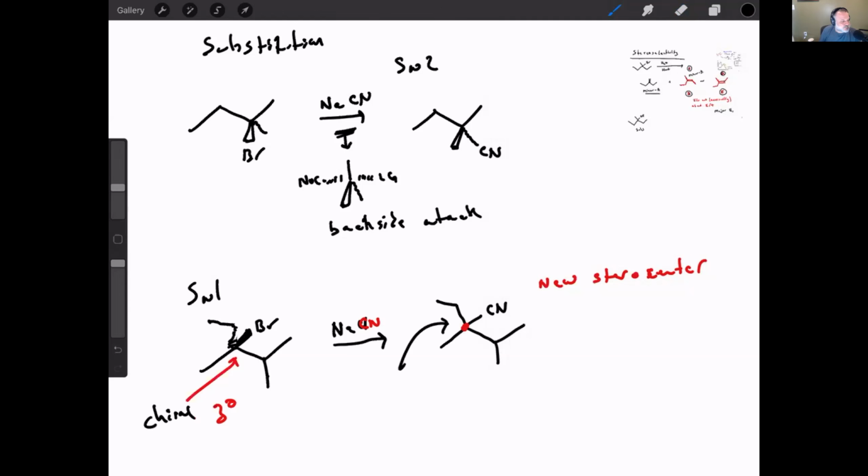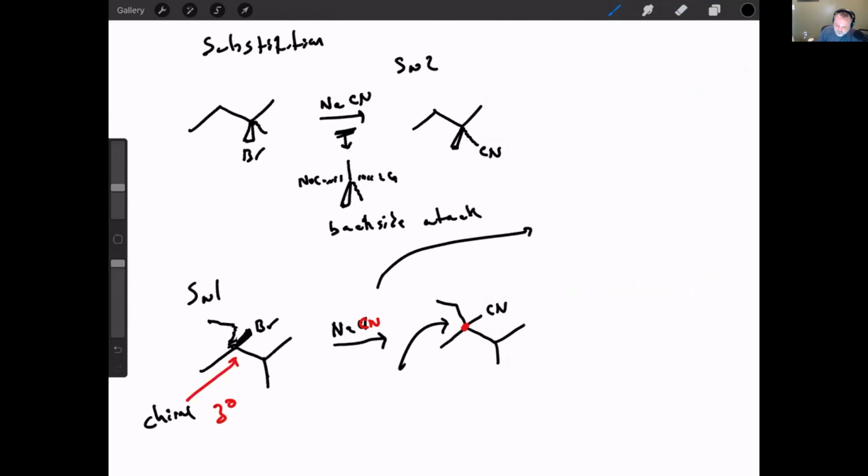What ends up happening? Think about the intermediate. The intermediate that forms is a carbocation. What's the geometry of a carbocation? I want to stop here for a second and think about chapter 1 and chapter 2.